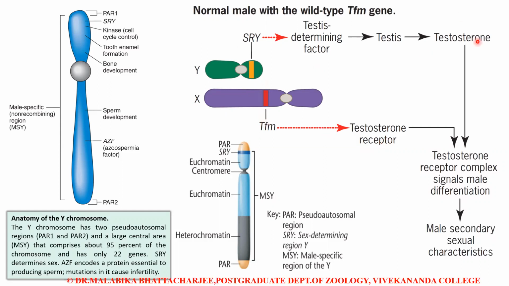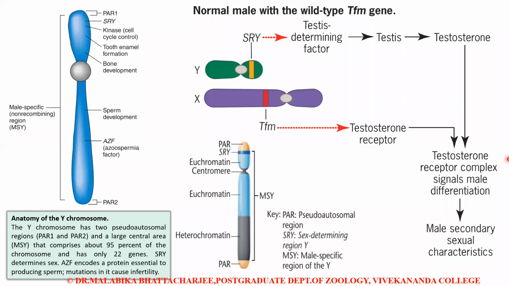So these two genes result in the testosterone receptor complex, which signals male differentiation, and male secondary sexual characteristics develop. So this is basically the very schematic pathway of the development of the secondary sexual characters.